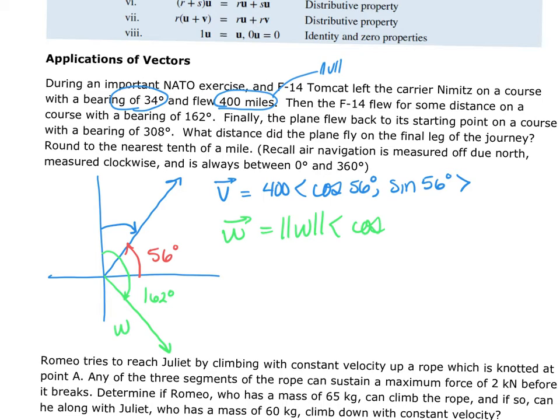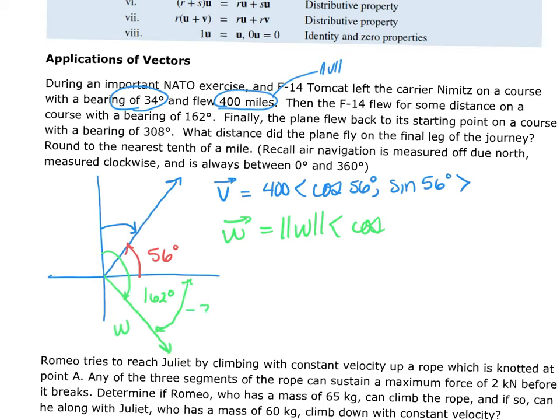What I want to know, actually it doesn't matter if you have negative and positive angles, really doesn't matter. Let's figure out what this is, a negative rotation, just this part of it. So to figure out that part of it, I take 162 minus 90. That gives me 72.